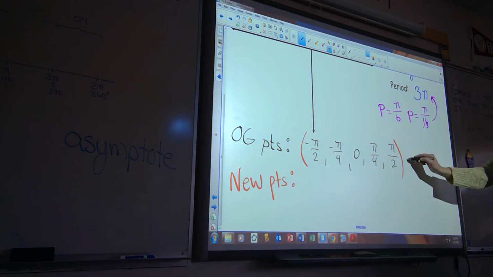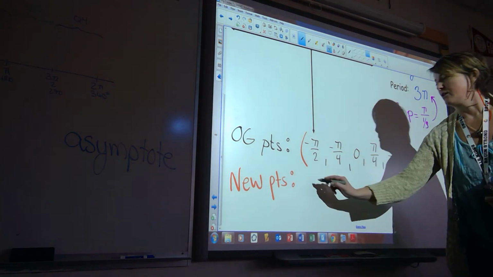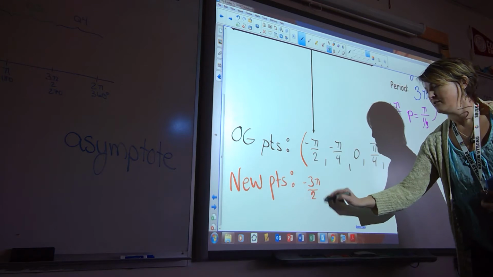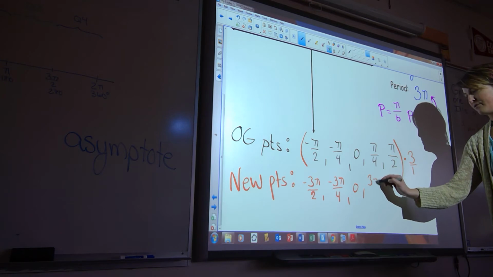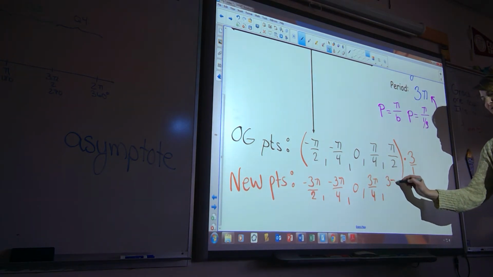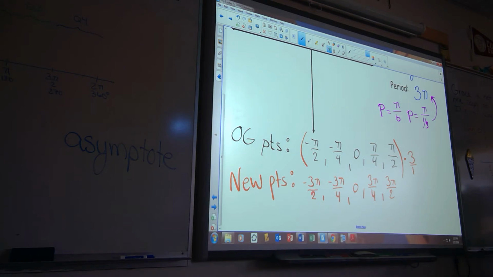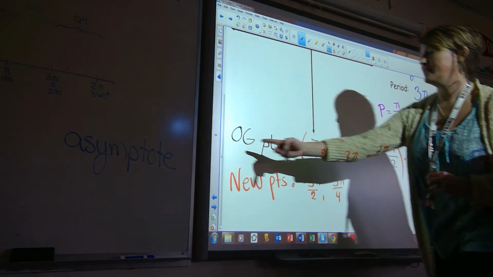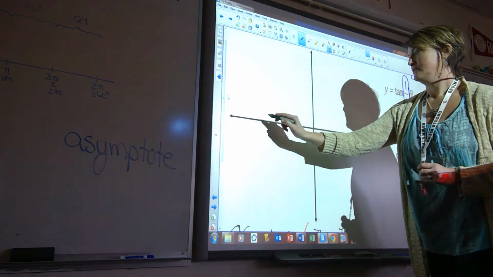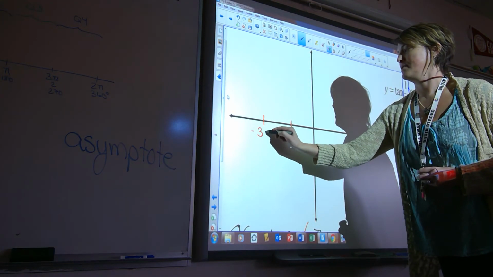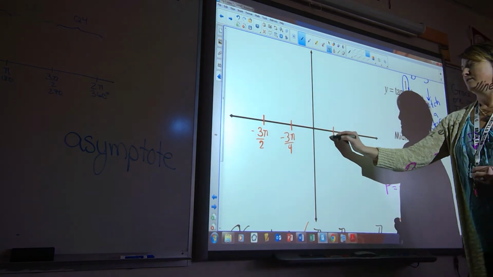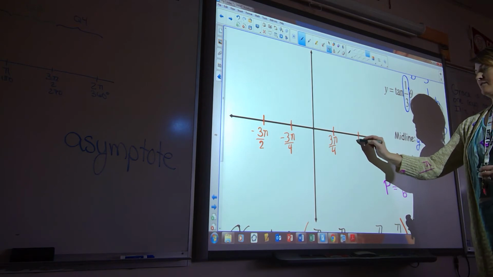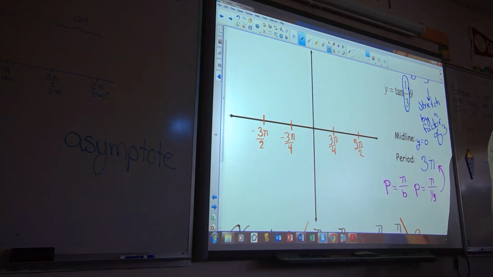I'm going to take all of these and just multiply them by 3, like 3 over 1. So it becomes negative 3 pi over 2, negative 3 pi over 4, 0, 3 pi over 4, and 3 pi over 2. And now you have everything you need.